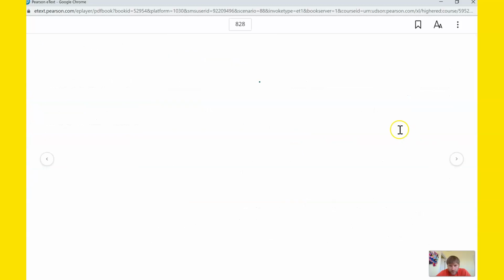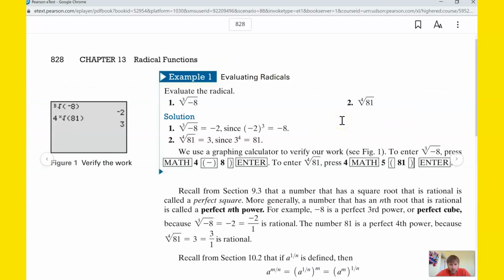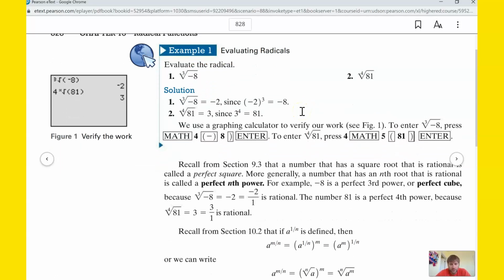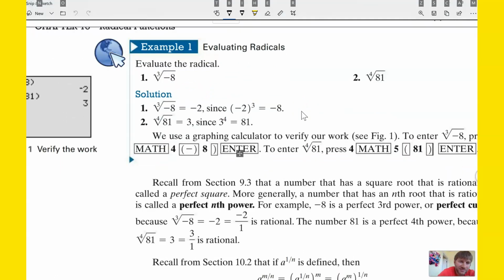All right, moving on. Evaluate the radicals. So how do we evaluate radicals? What the index means, like that 3 right there, that 3 tells you you're looking for a number that when you have 3 of those numbers, the same number, multiplying together, you get what's under that radical. You get the radicand.